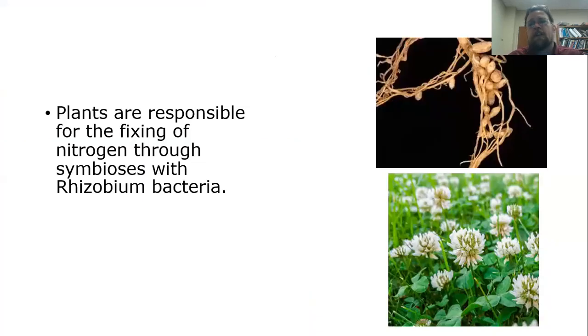One interesting feature of the Fabaceae is that they have an association with their roots with a kind of bacterium called rhizobium. If you look in the picture there at the top, you see those little nodules on the roots, and those nodules have the bacterium in them. So those bacterium allow the plants to do what we call fix nitrogen.